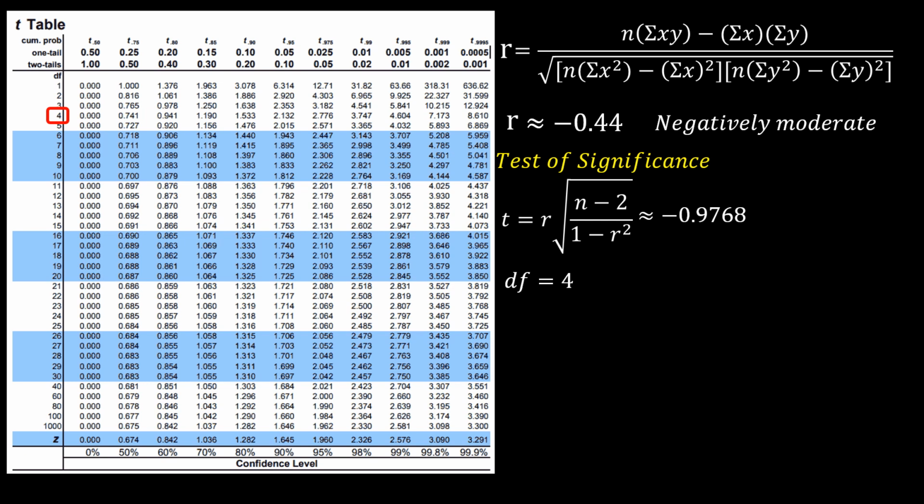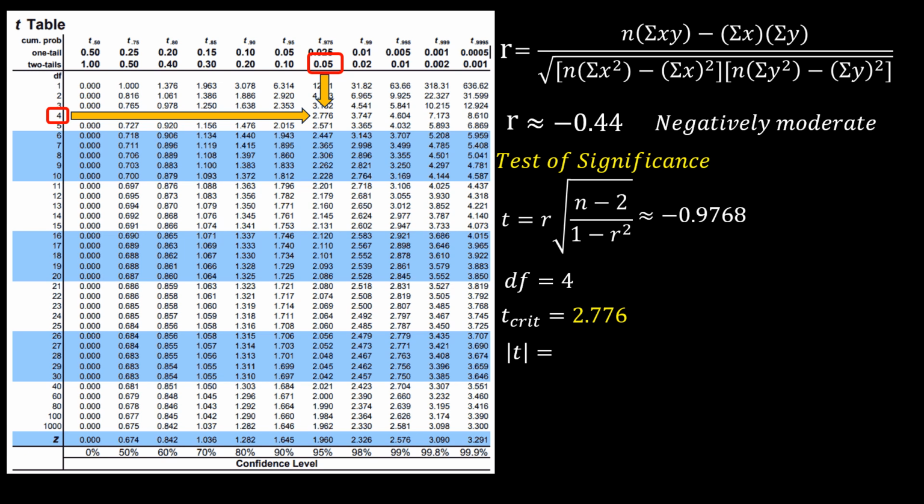And the alpha, or the level of significance, is always 5% unless it is specified. So it's here, 0.05. And let's look at the value of the critical value. It's 2.776.